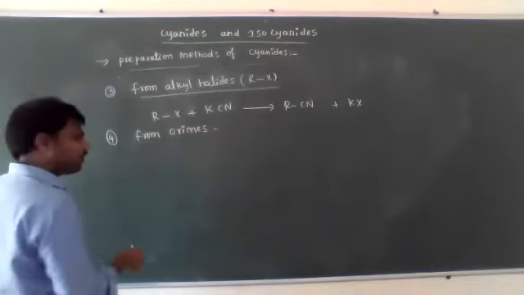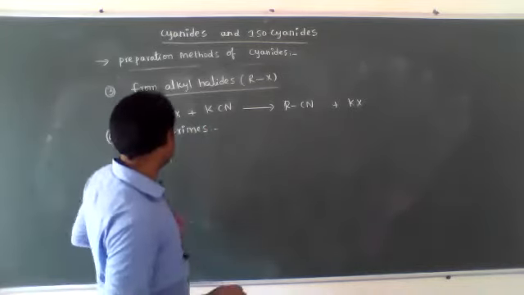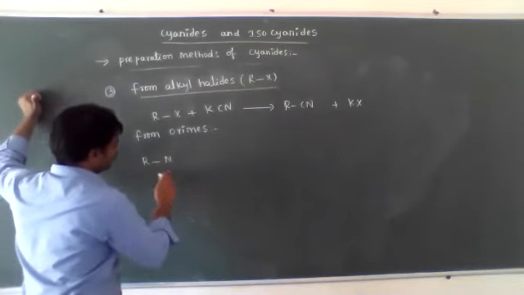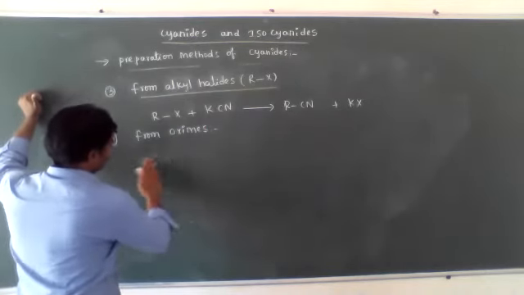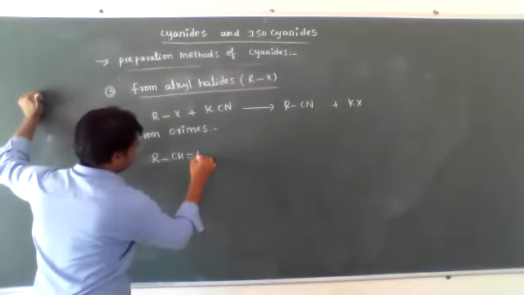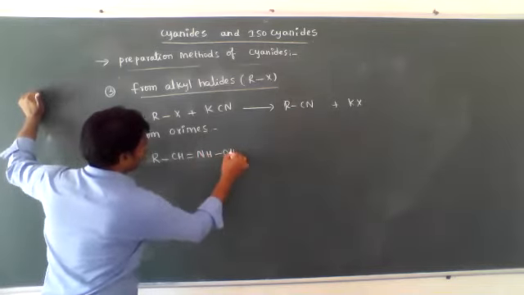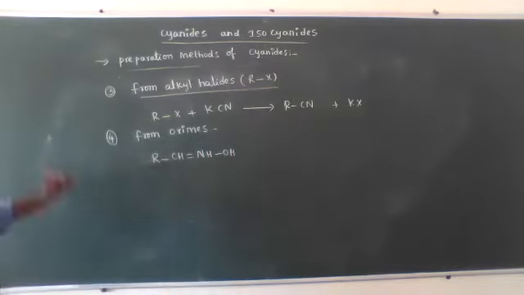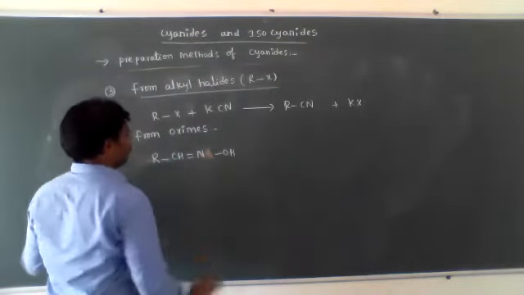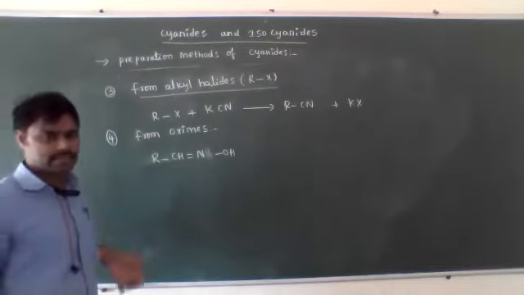What is the general formula of oximes? RCH=NOH (R-CH double bond N-OH) compounds are called oximes.